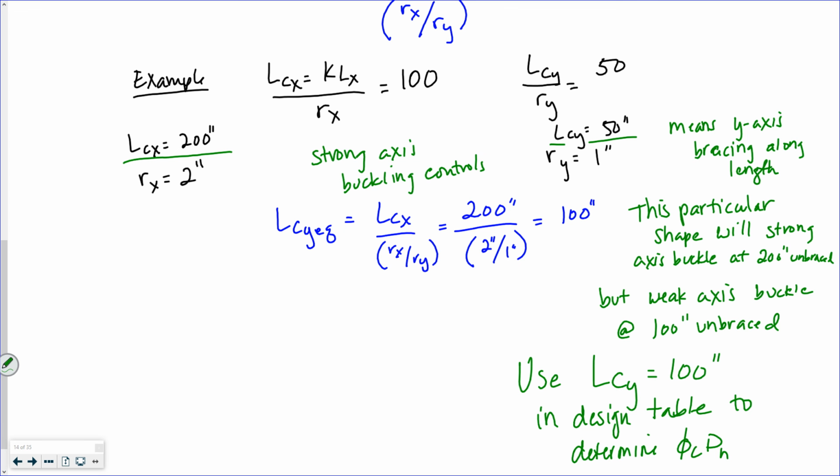That 100 inches isn't something that actually exists; my member doesn't have an unbraced length of 100 inches in the Y direction, it's actually 50. But if I want to use the table, I have to enter with this equivalent in my design table.